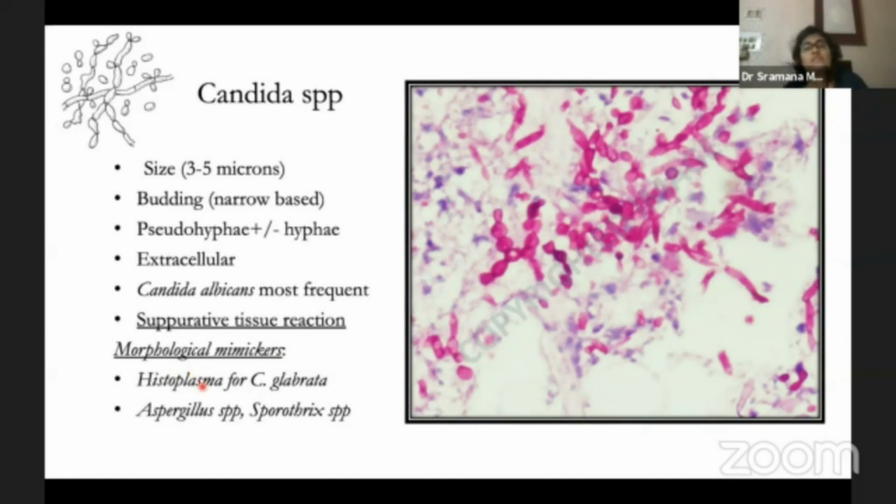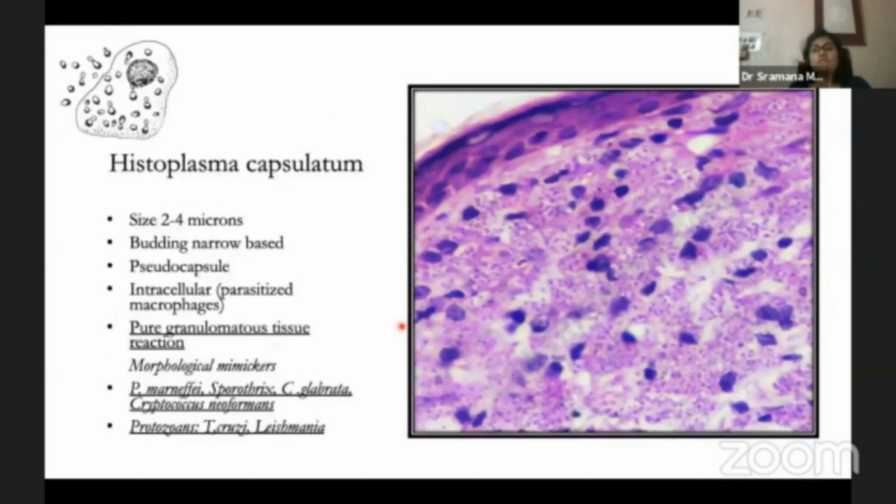So in that case, we can confuse it with fungal pathogens which have only yeast forms. Because of the hyphae and the pseudohyphae, we can also confuse it with Aspergillus. So there are several entities. Let us now see this common one which can mimic Candida, but is quite different from Candida also. So we have diagnostic pointers for that.